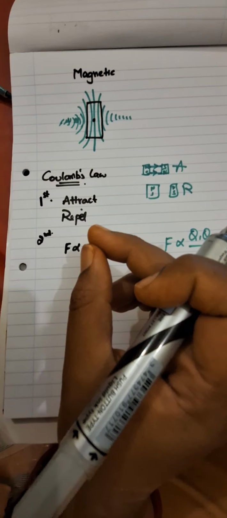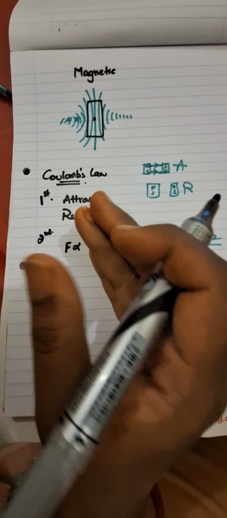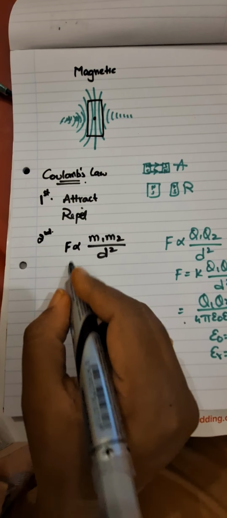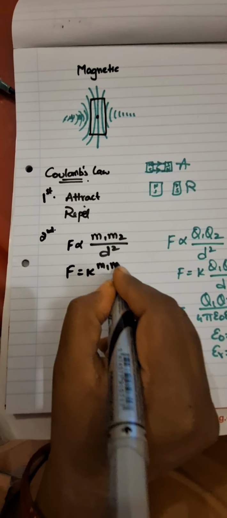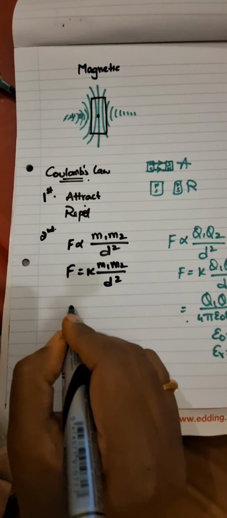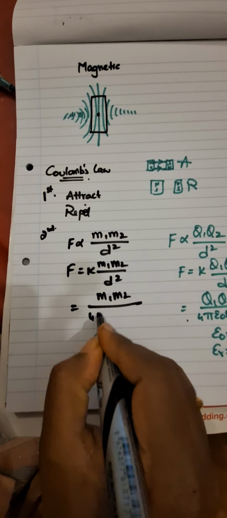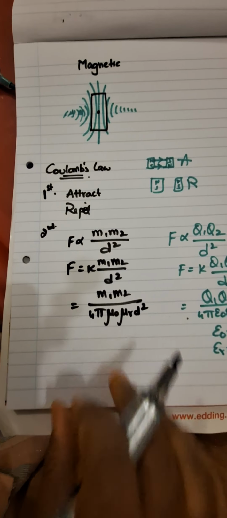If it is a small magnet, the distance between N and S is small. If it is a big magnet, the distance will be large. To remove that proportionality, we use K: F equals K m1 m2 by d square. What is K? K is 1 by 4 pi mu naught mu r.